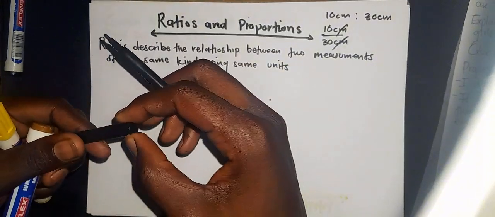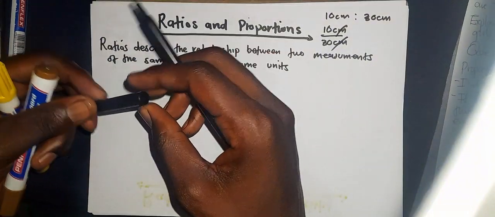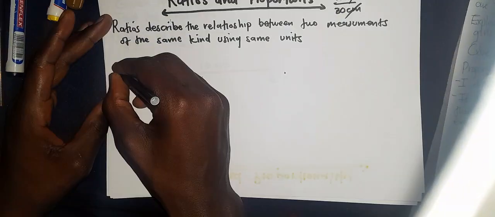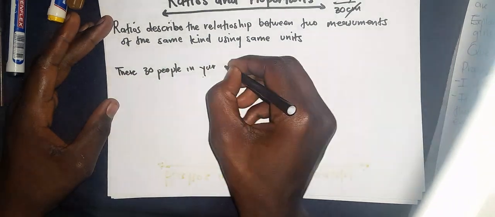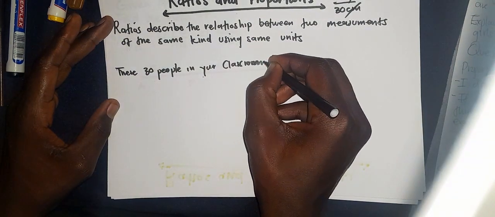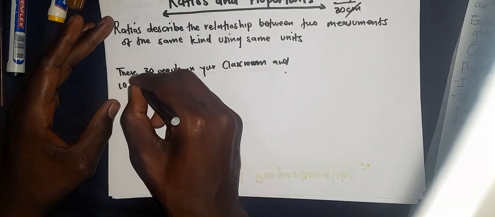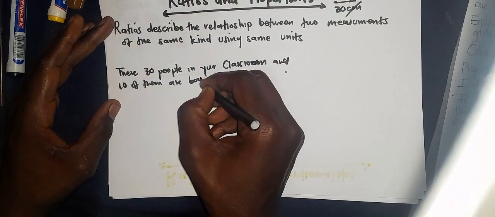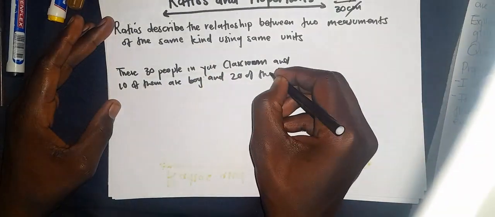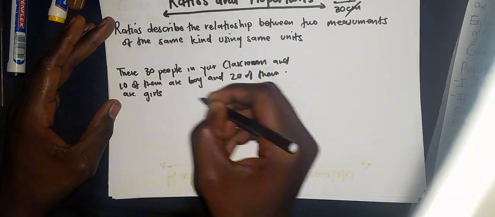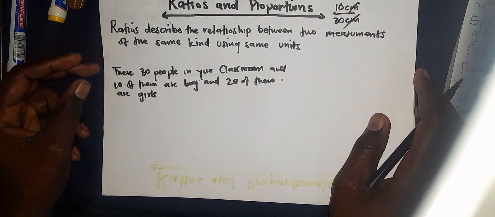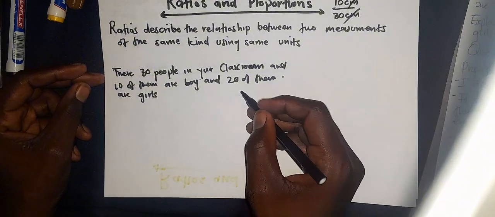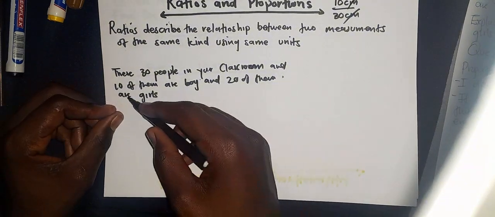Let me give you a practical example so that you can understand. Suppose there are 30 people in a classroom, and 10 of them are boys and 20 of them are girls. We can compare the number of boys and the number of girls. Why do we compare these two? Because those two things have the same unit.